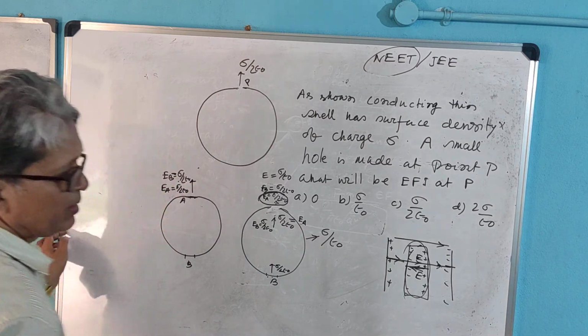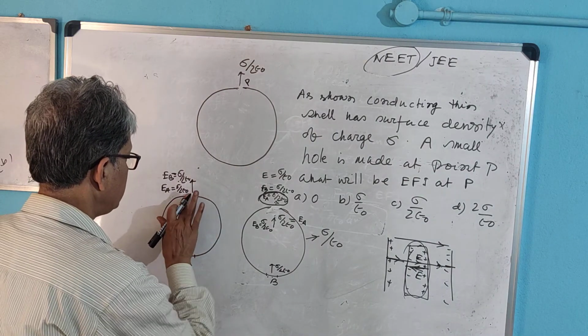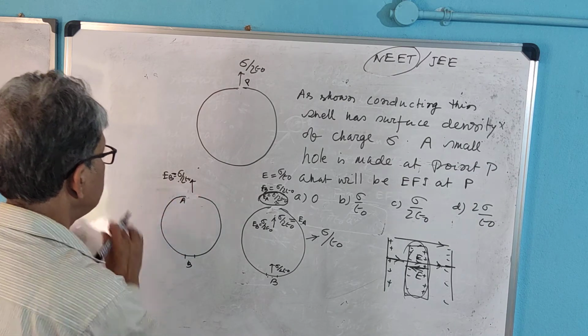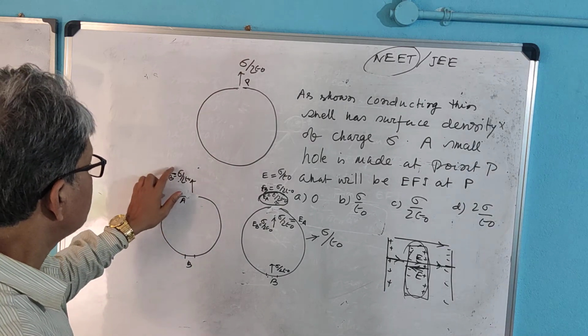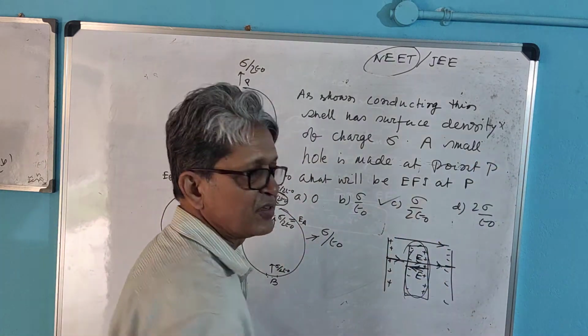Total sigma by epsilon 0. But when I make a hole here, this will be absent, and only field will be EB equal to sigma by 2 epsilon 0. That is, my option C is right.